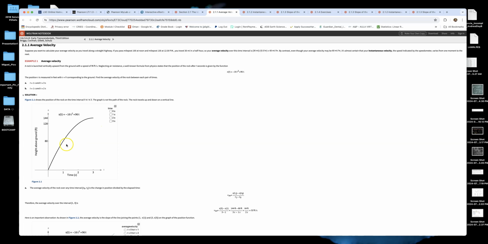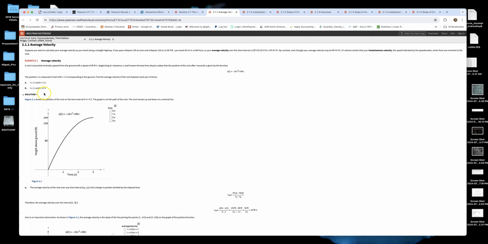You make the difference, and then you divide that difference by the elapsed time. The elapsed time is the difference between 3 seconds and 1 second, which is 2 seconds. And that is going to give you a number.